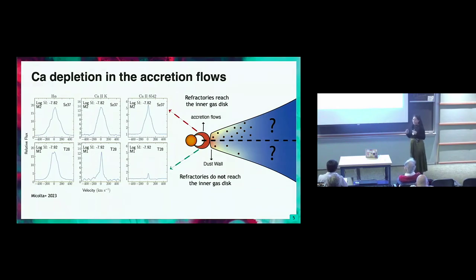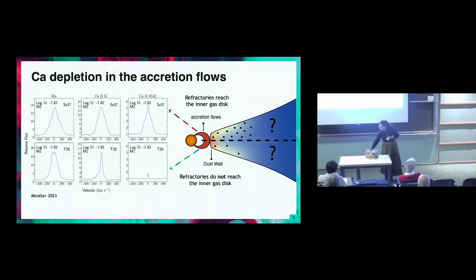So this brings a very puzzling question: why does SC37 show calcium in the gas, because we see H alpha, but then if we see gas in T28, why is that gas not rich in calcium or refractory materials? Which means that there is something preventing the refractory material in T28 from coming back into the gas.